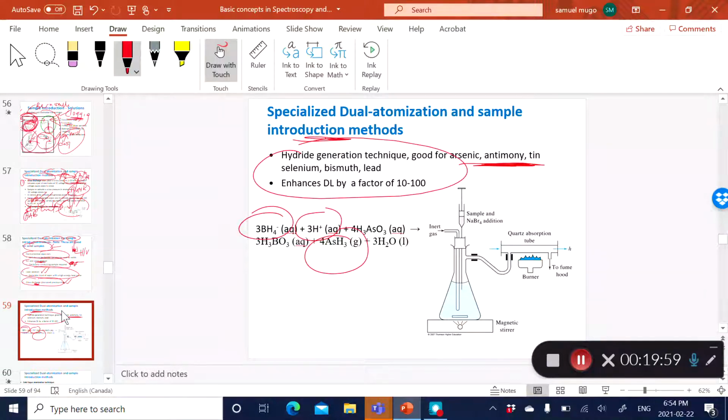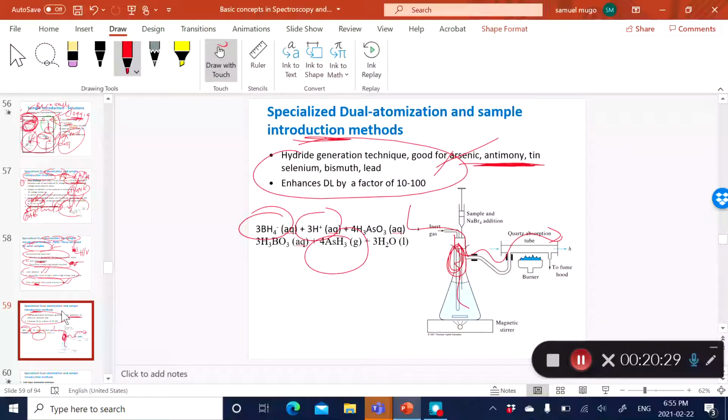Volatile hydrides have fairly high vapor pressure, meaning they are fairly volatile. Because of that, after the reaction they tend to be in the vapor phase, and you can sweep them using argon gas and take them to the atomizer or to the detector, and so on.